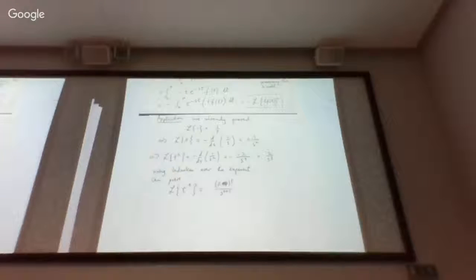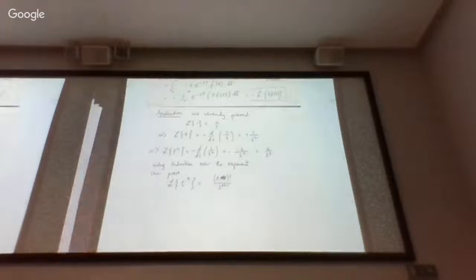Then you'll get the extra factors multiplied on each time. You get n factorial over s to the power n plus 1, which agrees with the result in the table on page 40. So now we know the Laplace transform of all the powers of t: n factorial over s to the n plus 1.